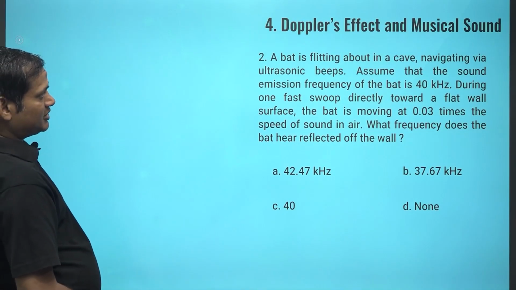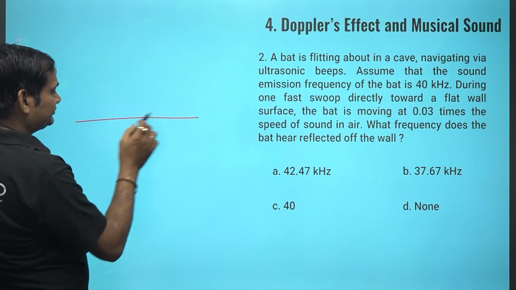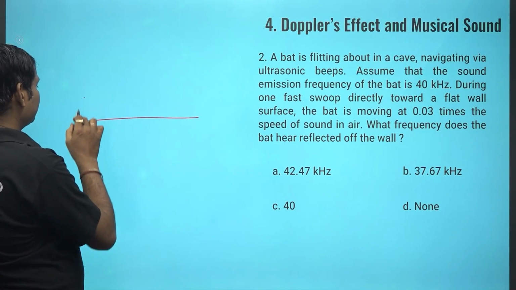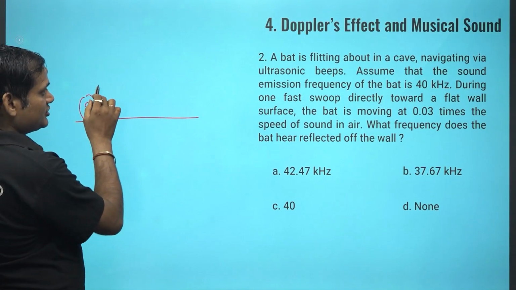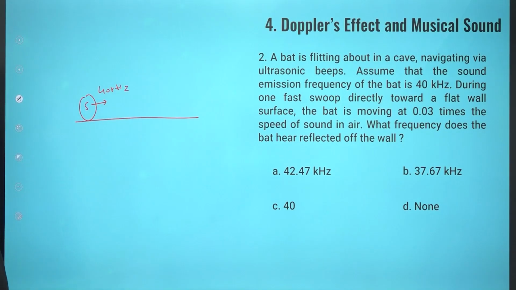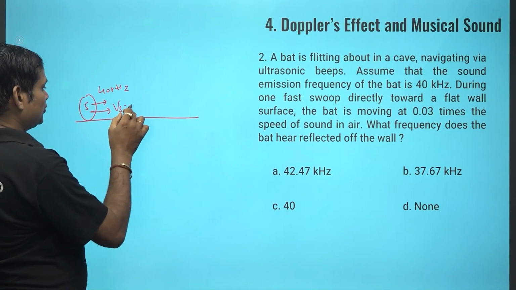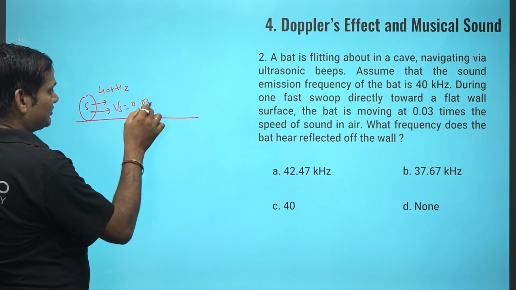That means the source, the bat, has frequency given equal to 40 kHz. The velocity of the source is given as 0.03 times the velocity of sound.